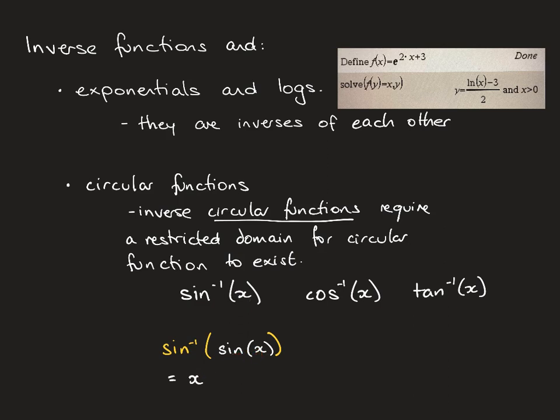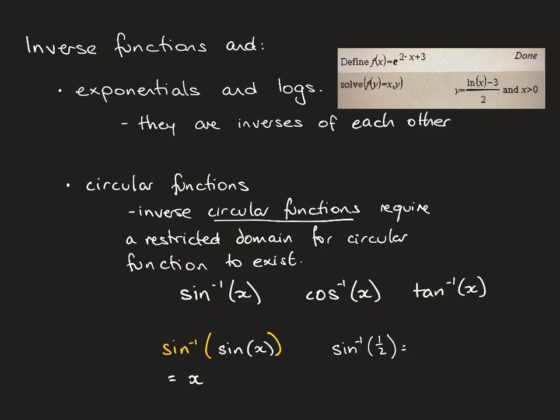But I want to talk a little bit more about why inverse sine of x, when you use it on your calculator, only gives you one answer. We all know that inverse sine of a half on our calculator will spit out one single answer only.